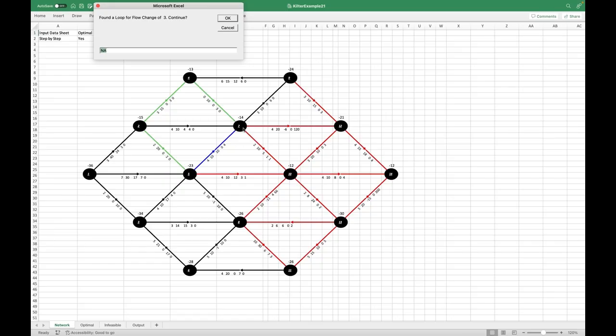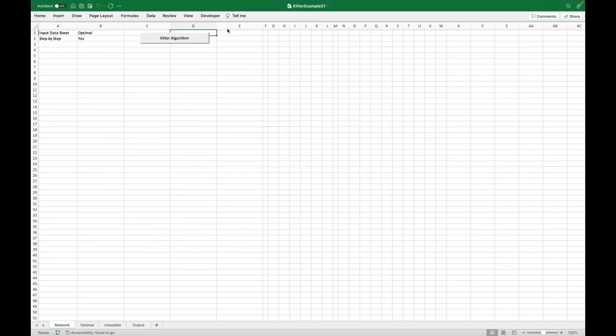Okay, now I'm going to exit this program. We don't need to go through all the steps. We already saw the optimal solution, so I'm going to cancel this. And now I'm going to show you another case where the problem is infeasible. That is, there are no feasible circulations.